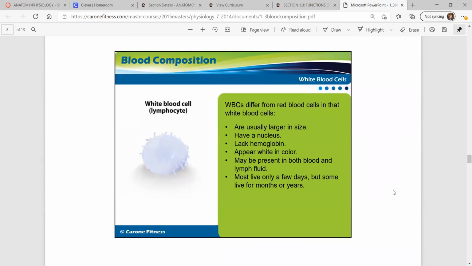WBCs differ from red blood cells in that white blood cells are usually larger in size. They have a nucleus. They do not have hemoglobin. They look white. They may be present in both blood and lymph fluid. Most live only a few days, but some live for months or years.